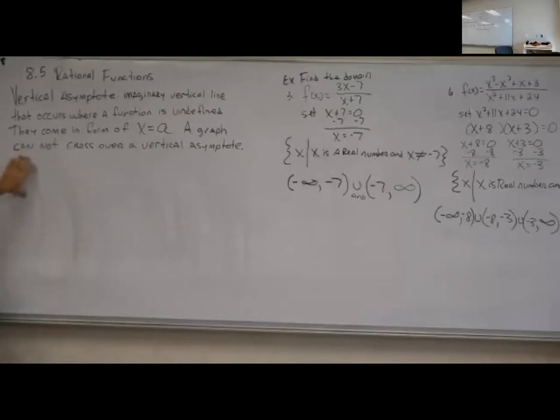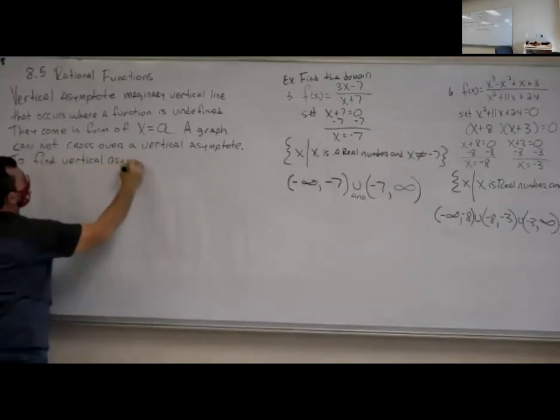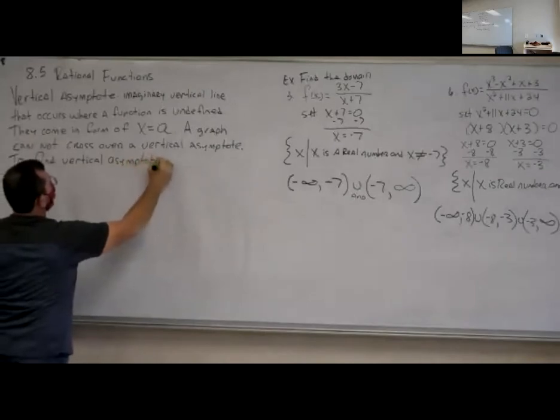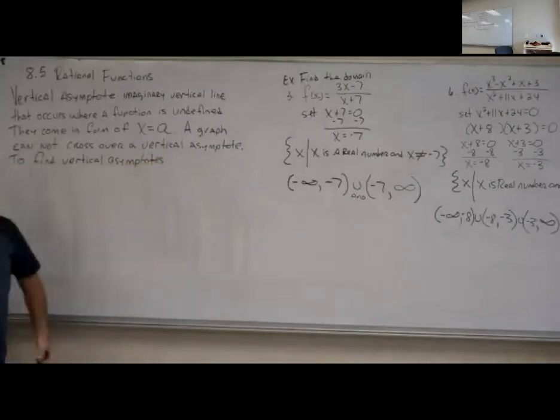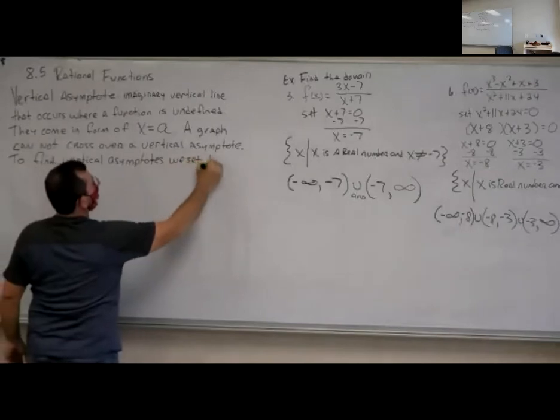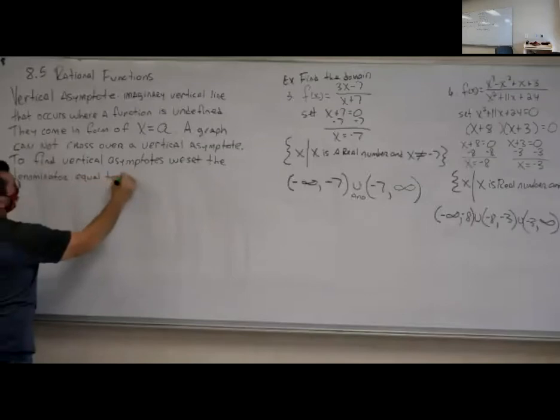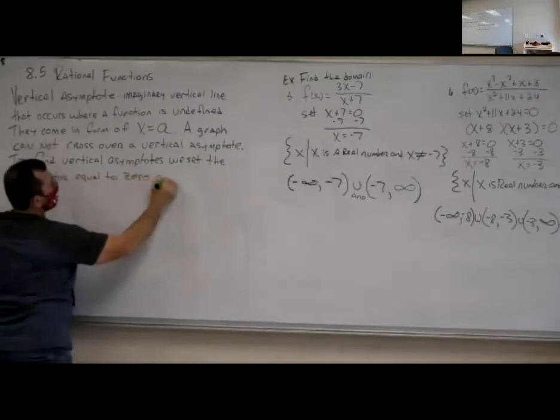All right, so to find vertical asymptotes, we set the denominator equal to 0. And solve.